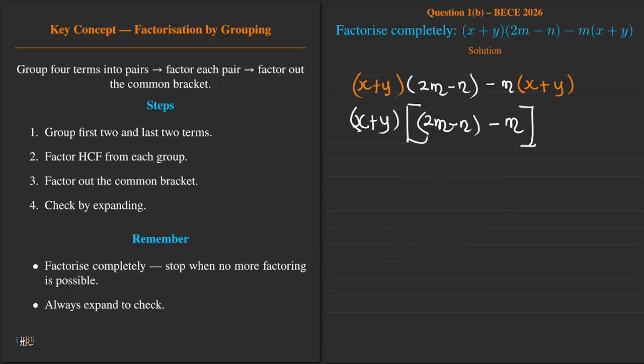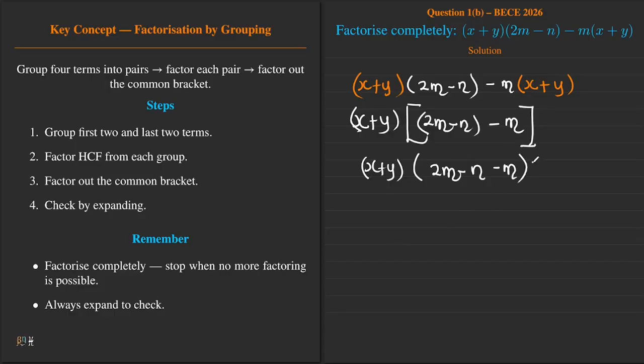The next part is for you to simplify the expression inside this bracket because they are like terms we can work on. So we keep x plus y as it is, but this time around we open the bracket, so that we have 2m minus n and then minus m, with our bracket closed.